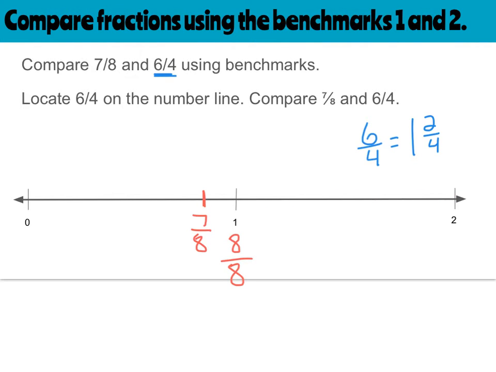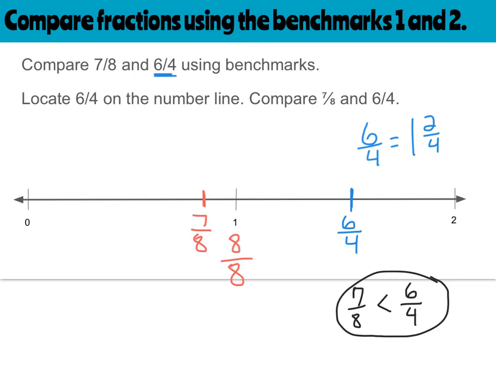So I have to think of where would I put 2/4 on a number line. Well, I actually know 2/4 is equivalent to 1/2. So to label 6/4 on my number line, I would put it right here. 1 and 2/4, or 1.5. Now I'm able to compare these. I can say that 7/8 is less than 6/4.